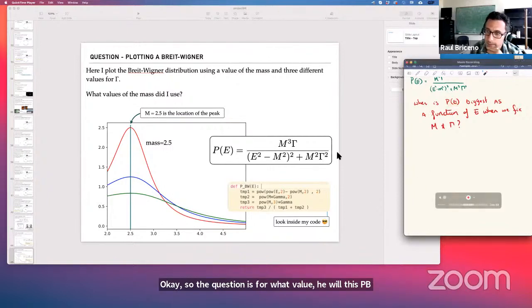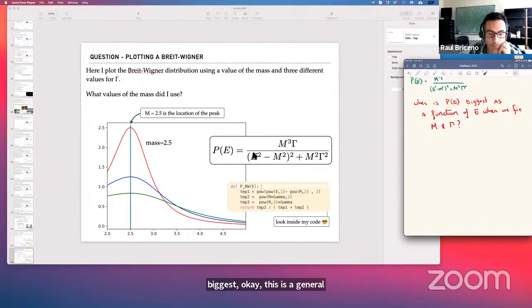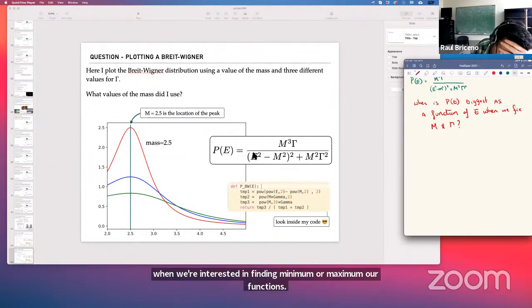This is a general problem in calculus, and in math in general, when we're interested in finding minima or maxima of functions.